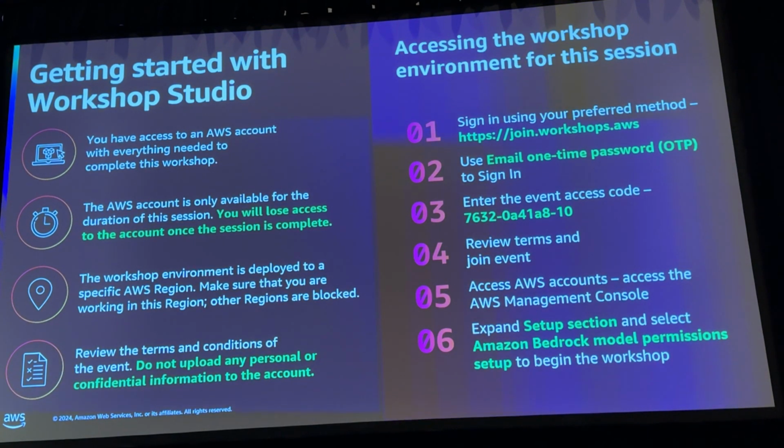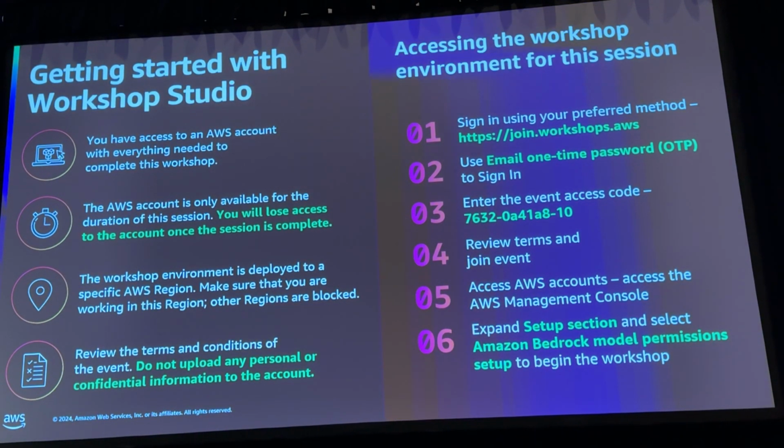Another thing is that all of these accounts are deployed in a specific AWS region, which is US West 2. So make sure that when you go to the AWS account for this workshop, you are in the US West 2 region. Right? And another thing to consider is that all of these accounts are recycled in different workshops, right? So do not upload any personal or confidential information into these accounts, because these accounts are recycled again.